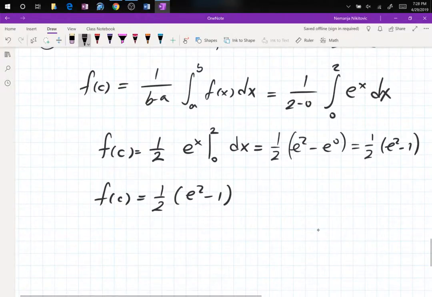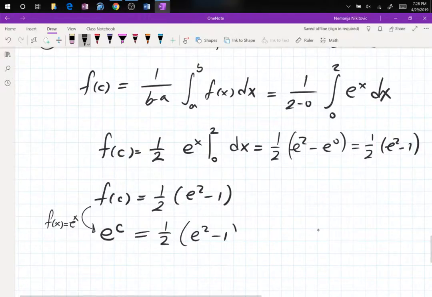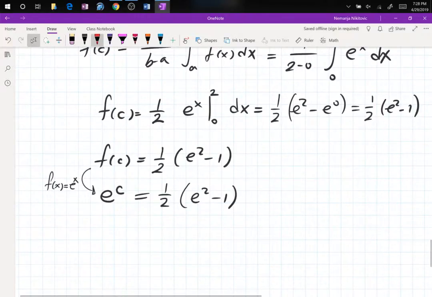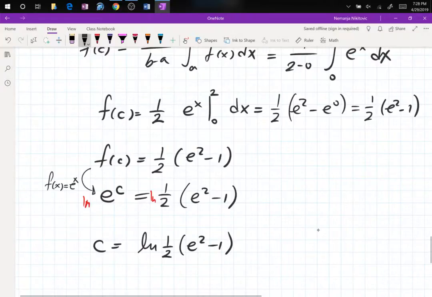But f of c is e to the c, because f of x is e to the x. So instead of x, remember, I plug in c, I plug in a flower, I plug in whatever, right? So it's equal to 1/2 e squared minus 1. And to get c alone, we ln both sides. And we get c is equal to ln of 1/2 e squared minus 1.